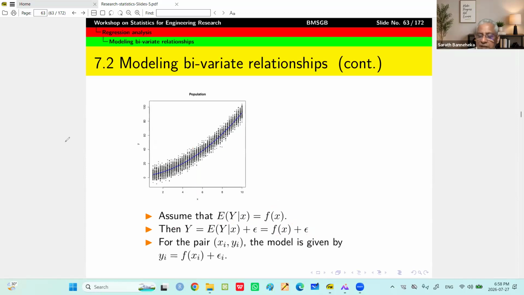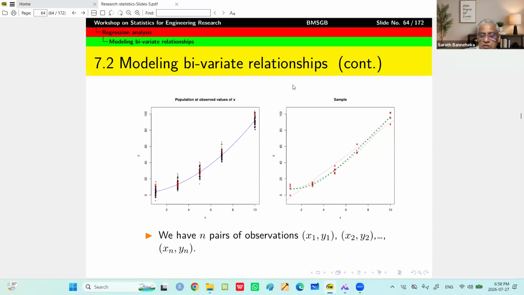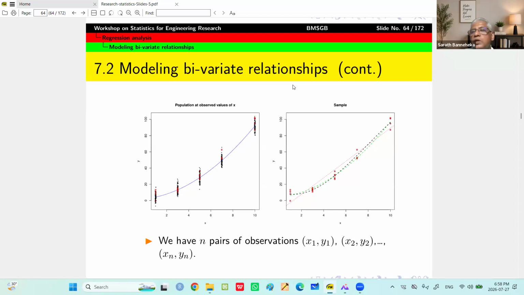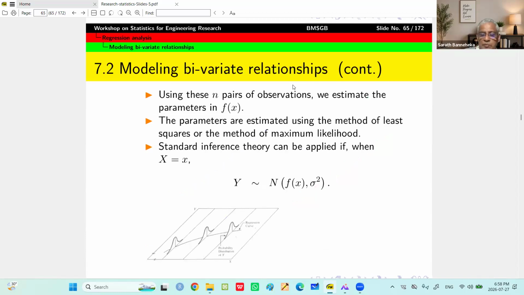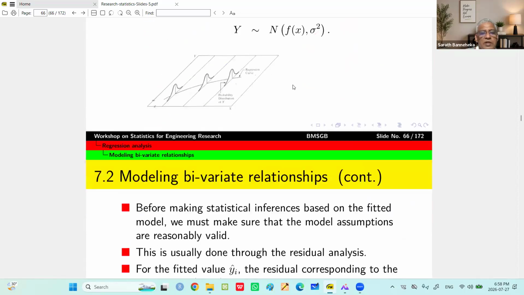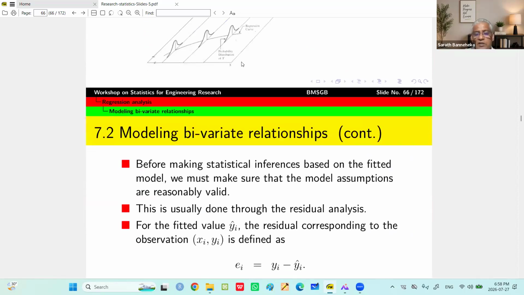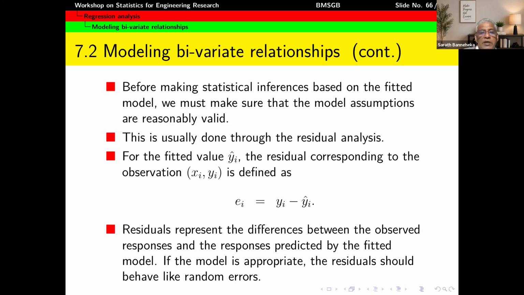Now, in a practical situation, what will happen? In a practical situation, we are not going to observe the y value for each possible x value. We will probably do the experiment only for some suitable or selected values of x, right? So we will be considering a particular set of values for x only, even though there are other possible x's.